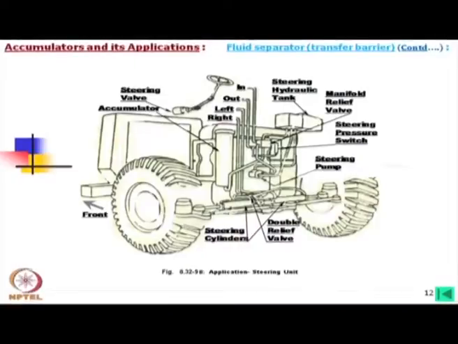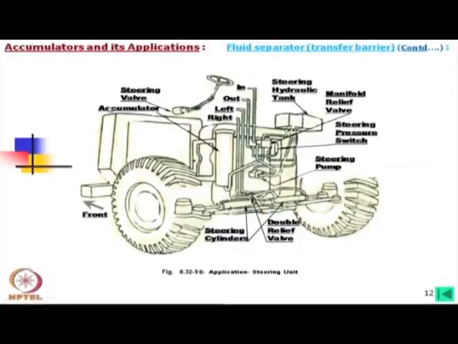Now, the actual force required is much more than the force we are applying. Then what happens is that sometimes, when we are trying to negotiate these wheels, we have to turn this wheel more and more to get the required action at these wheels.